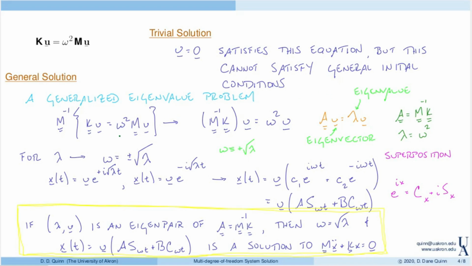In particular, we'll typically use this form, but it also works out if we use the more standard form, A, where A is M inverse times K, times u equals lambda u. The only reason I prefer this is that I don't really like taking matrix inverses. And if I use this general form, then I can use M directly. And M would come from the modeling of the system, Lagrange's equations, for example. And I don't have to take M inverse. So I find that is one less step that I have to deal with.